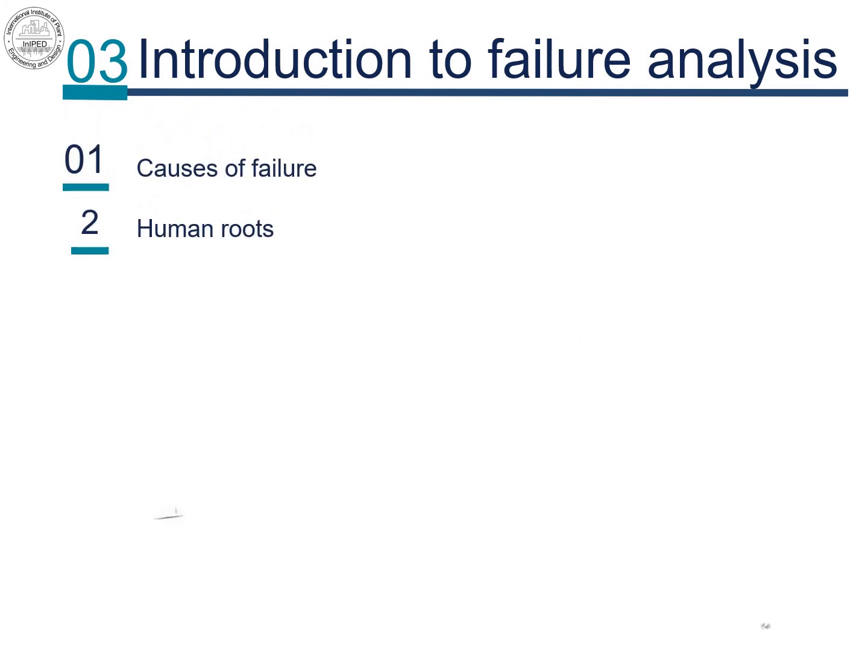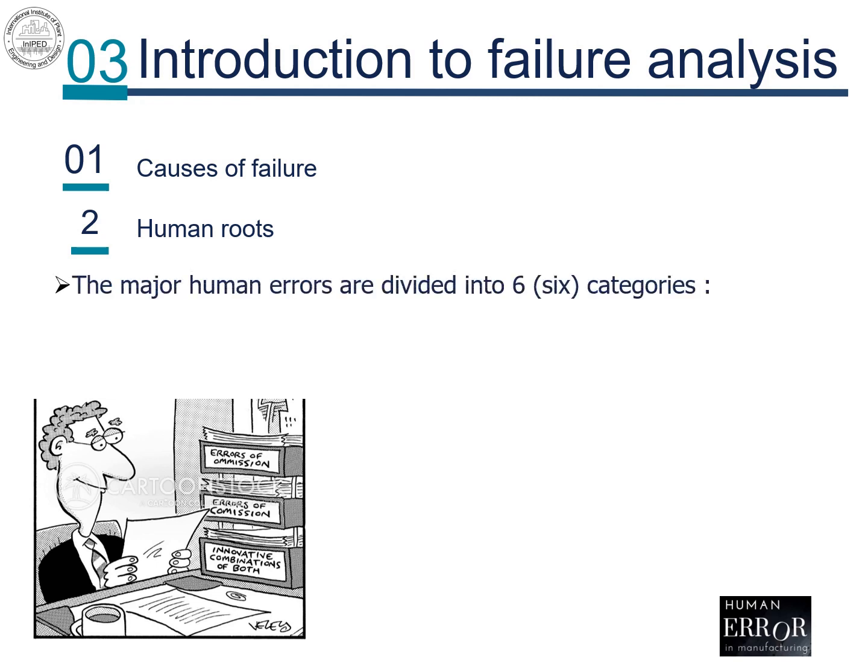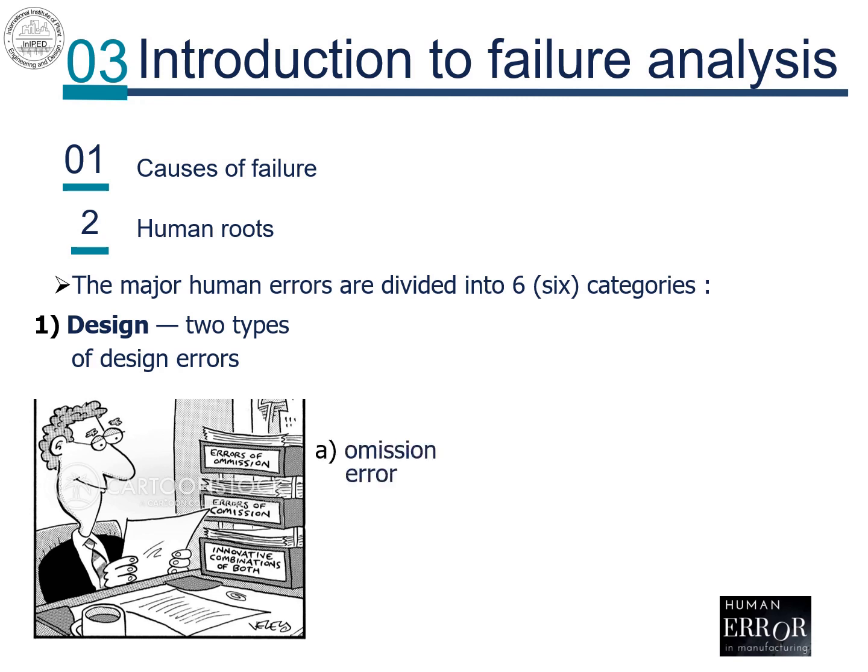The human roots are those human errors that result in mechanisms which cause physical failures. The major human errors are divided into 6 categories as follows. 1. Design. There are 2 types of design errors, those of omission and those of commission. An omission error is one in which the engineer or designer fails to notice a design flaw that results in a premature failure, such as a stress concentration or an improper material selection.